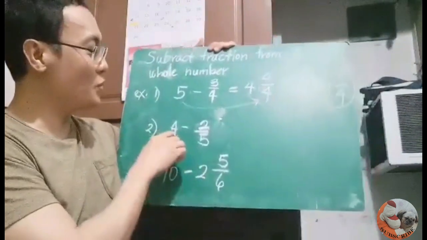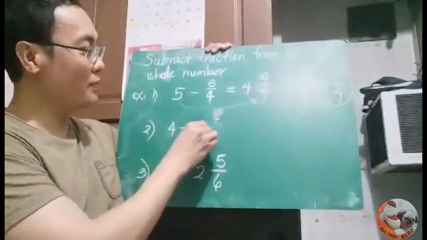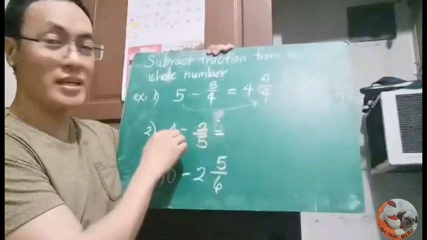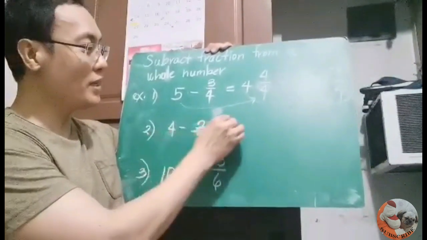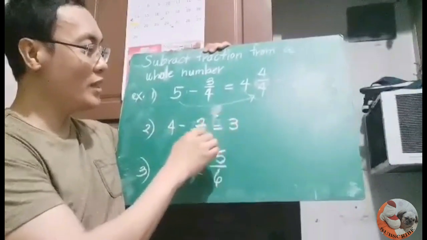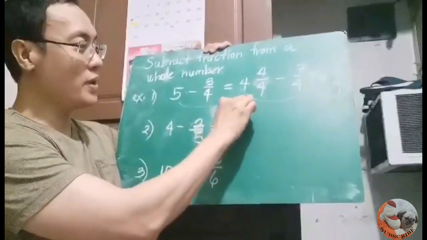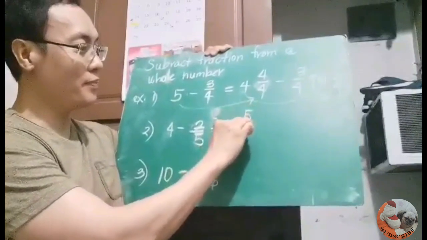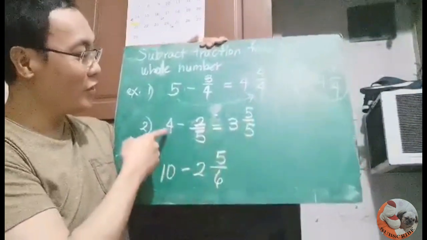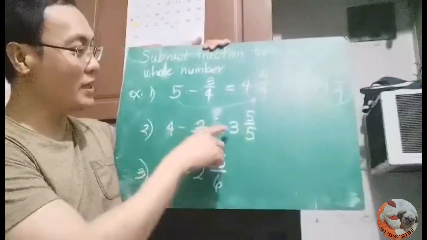Okay. How about this one? 4 minus 2/5. Laging babawasan ng isa. Yung 4 magiging 3. Kung anong denominator, iyan ang magiging fraction. So, 5 over 5. Ulitin ko. Yung 4, babawasan ng isa, magiging 3.